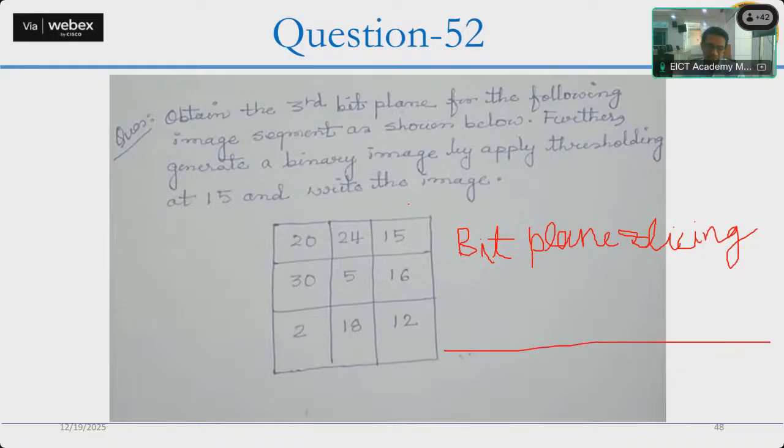Are you able to recall bit plane slicing, when you took up either the MSB or the LSB or the central bit? So this is bit plane slicing, right?